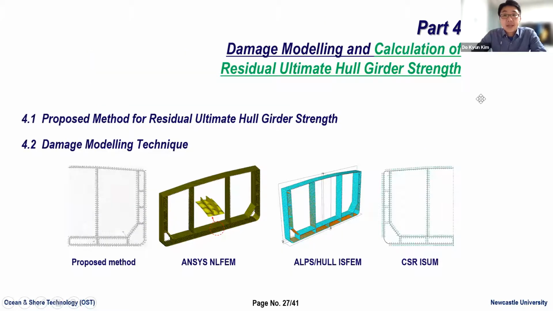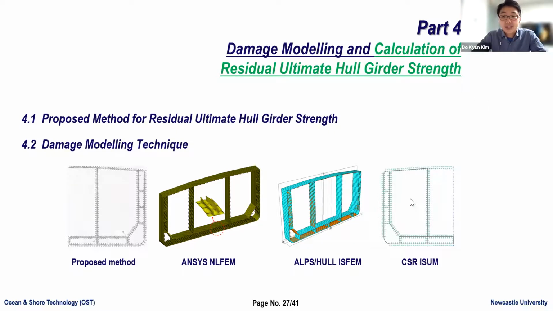And in the case of the analysis method, of course, in our field, why not? We can adopt the full FEM, with commercial software such as ANSYS, Abaqus, etc. But as we know, it takes quite a long time, with computational cost, human cost, etc. So classification societies adopt the beam-column based assembly technique.